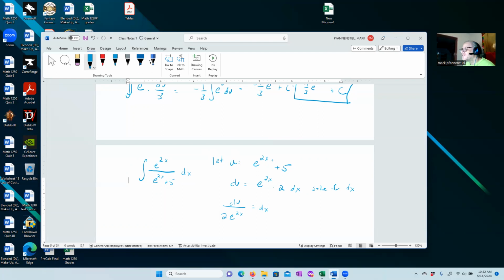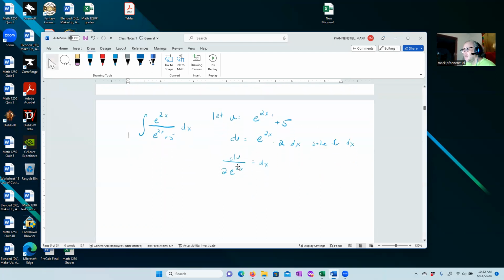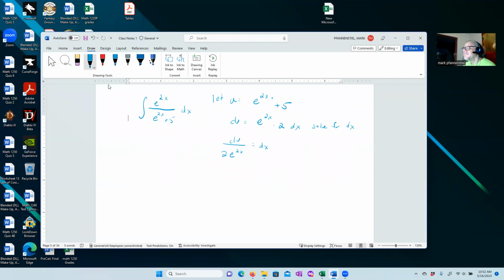So when I go back to my original problem here, we're going to have the integral. We're going to have our e to the 2x. I couldn't do anything with that just off the top of my head. On the bottom, e to the 2x plus 5, that's a u.